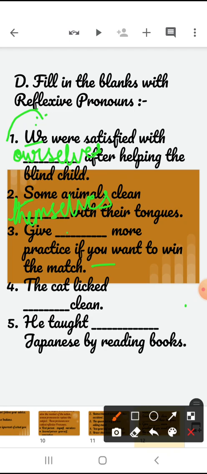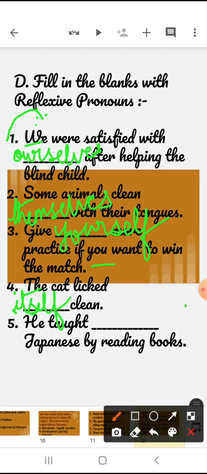You give yourself more practice if you want to win the match. You become yourself. The cat licked dash clean. The cat licked itself clean.